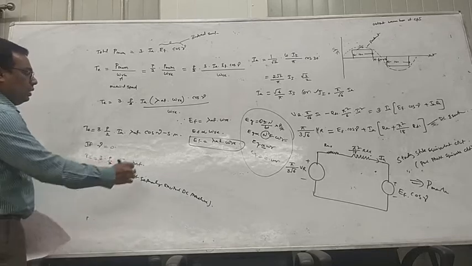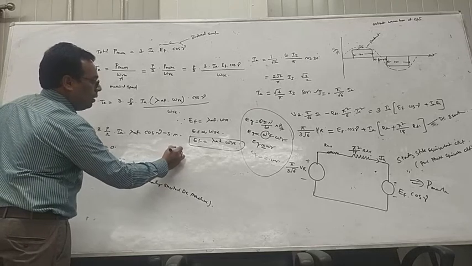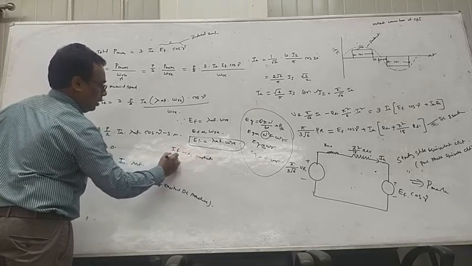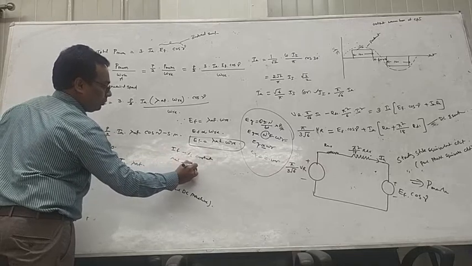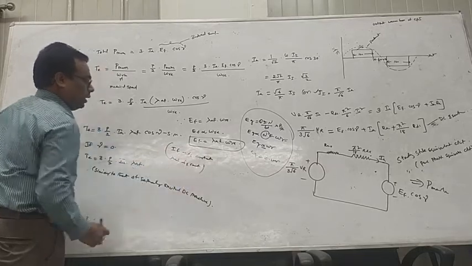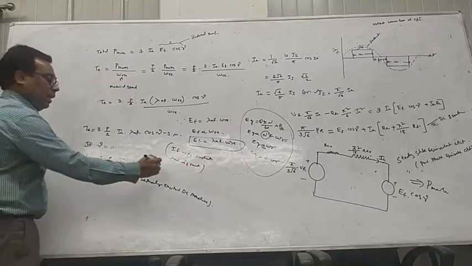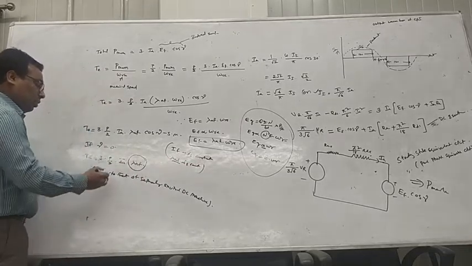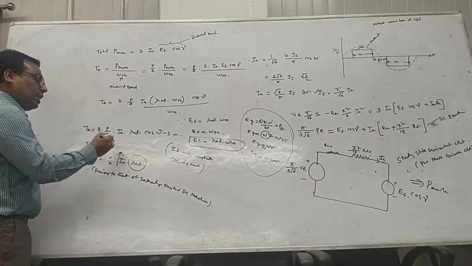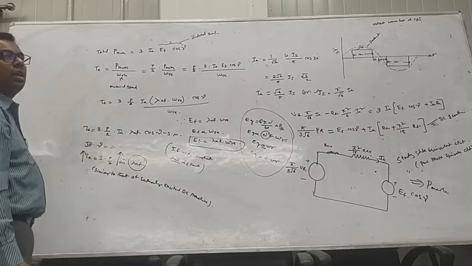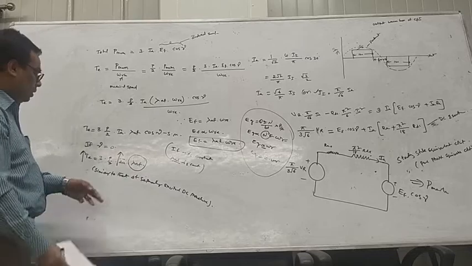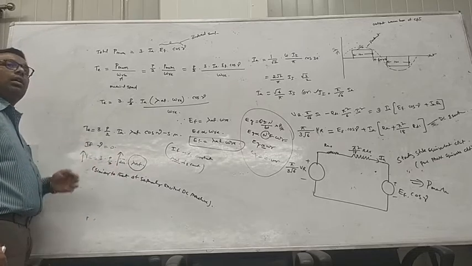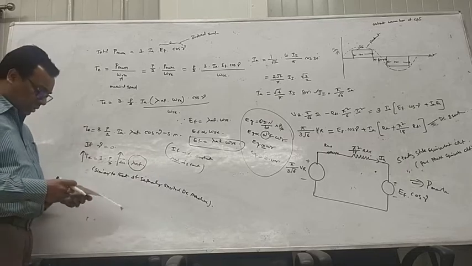If the field current is constant, then lambda AF is also constant. If lambda AF is constant and you vary the armature current, then the torque of the synchronous motor is also controlled.